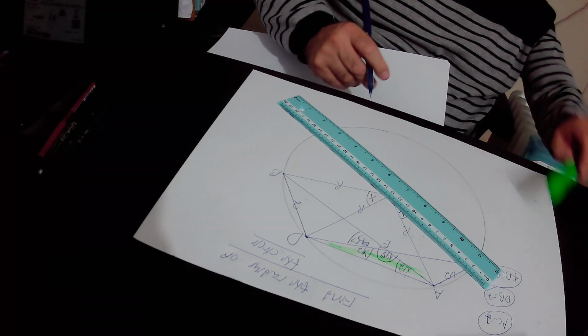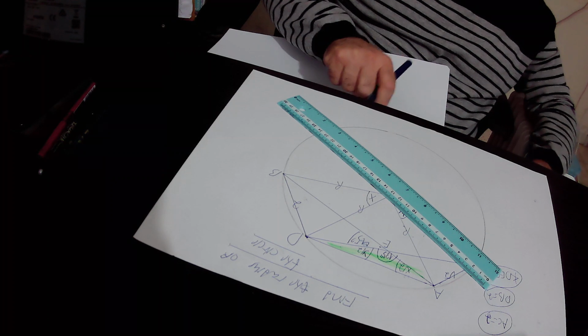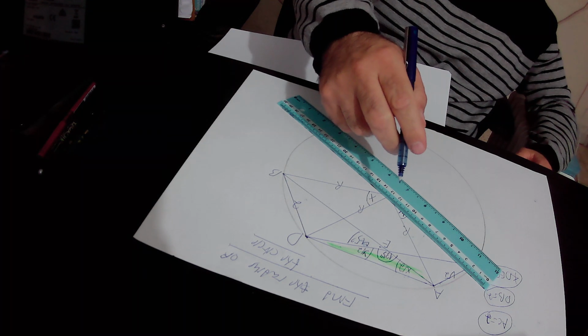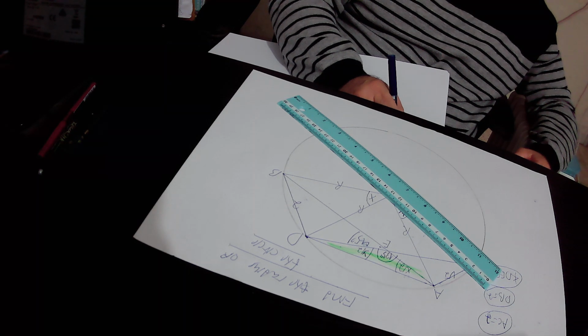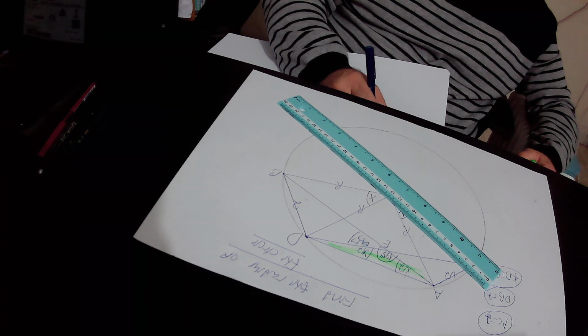So which angles we have inside triangle AED, the green triangle? We have x over 2 plus y over 2 plus 135 degrees. In total, they must be equal to 180 degrees.